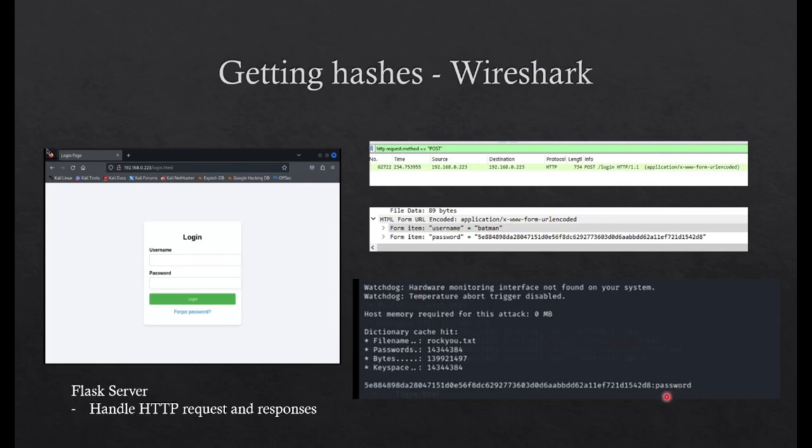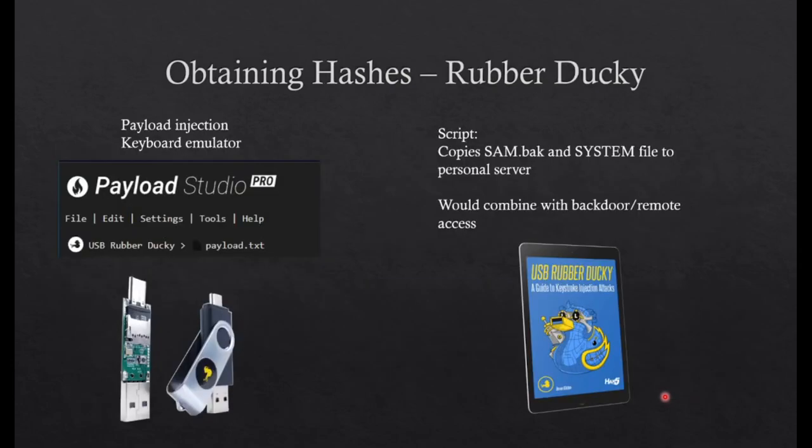So the next slide shows the second way, which is an actual practical way that we, as either pen testers or hackers, get hashes, which is through a Rubber Ducky, a payload injection tool that looks like a USB, but it's actually a keyboard emulator.